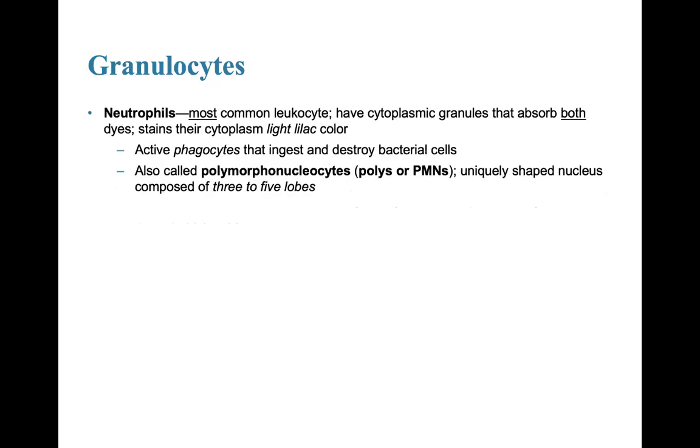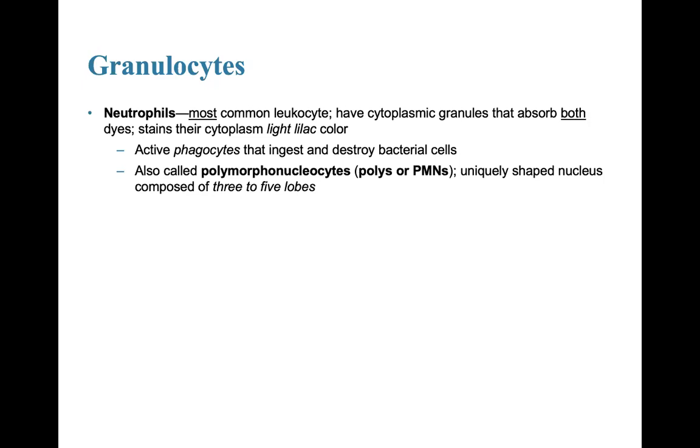Neutrophils are the most common leukocyte. They have cytoplasmic granules that will absorb both dyes or stains in their cytoplasm, and it will give a light lilac color. Neutrophils function as active phagocytes that will ingest and destroy bacterial cells.